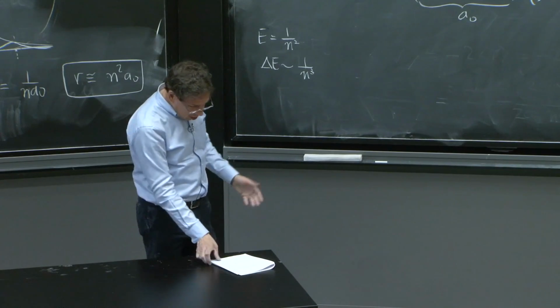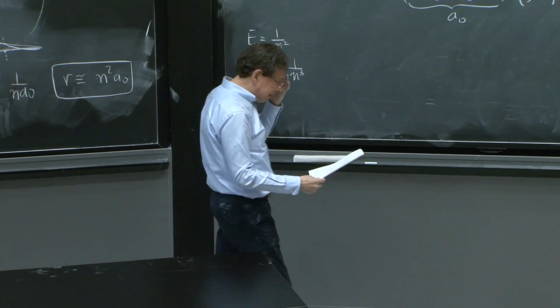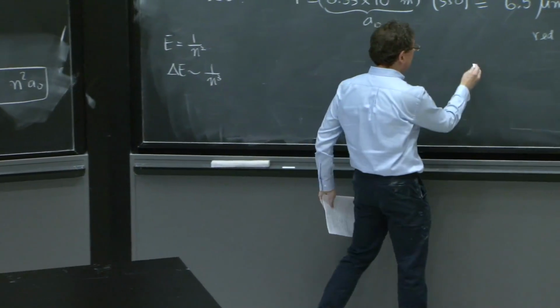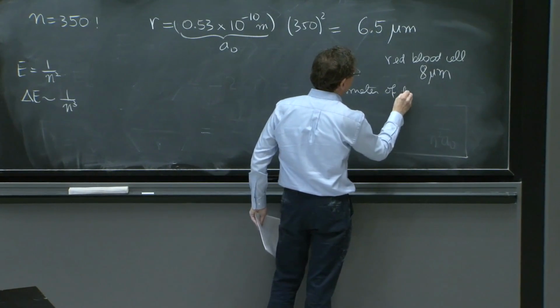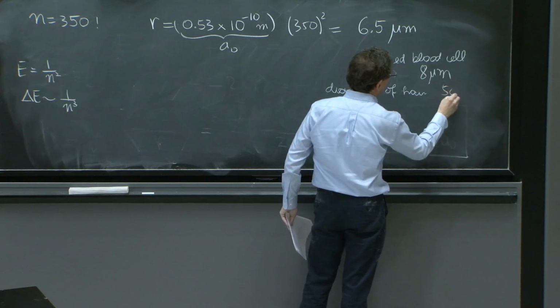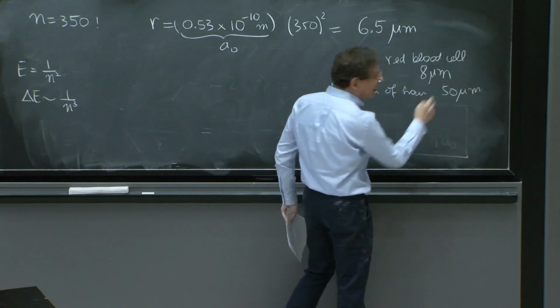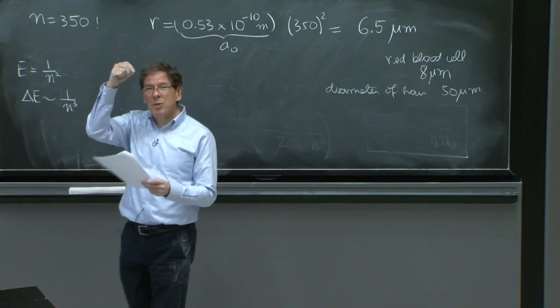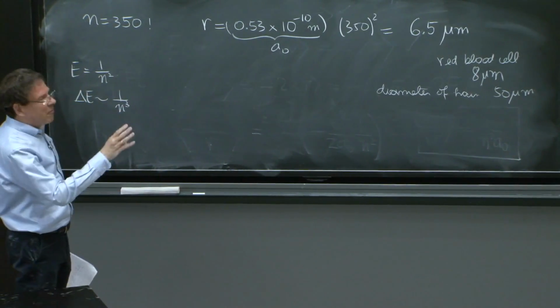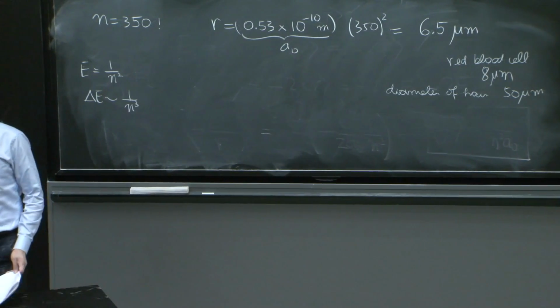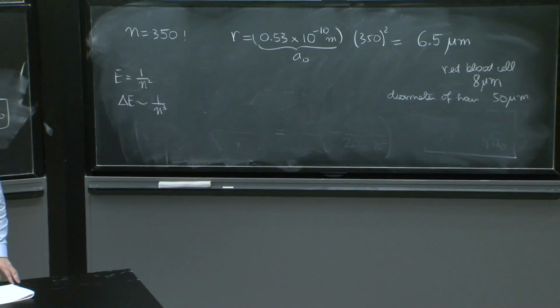Also in terms of sizes, the diameter of a hair is about 50 microns. Yeah, hair is very thin, but you see it. So you're about a factor of 5 or 10 from being able to see that atom with your naked eye.